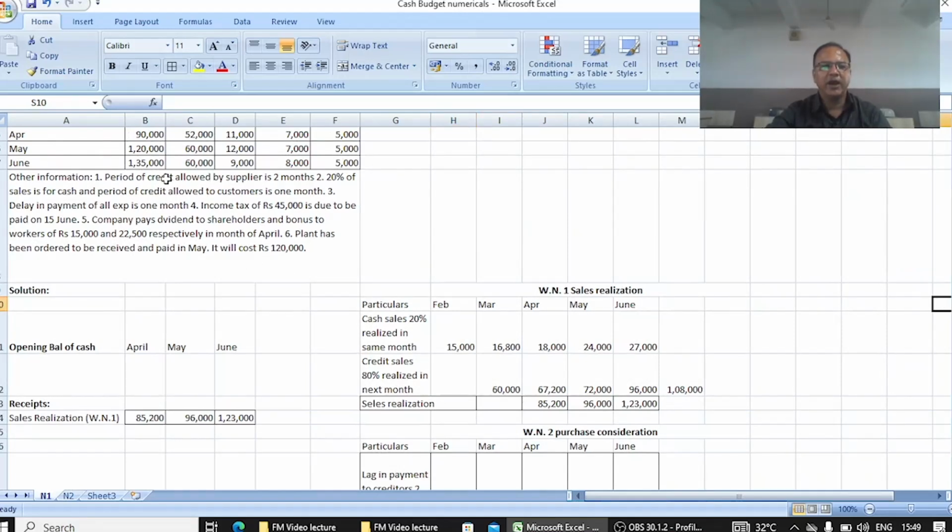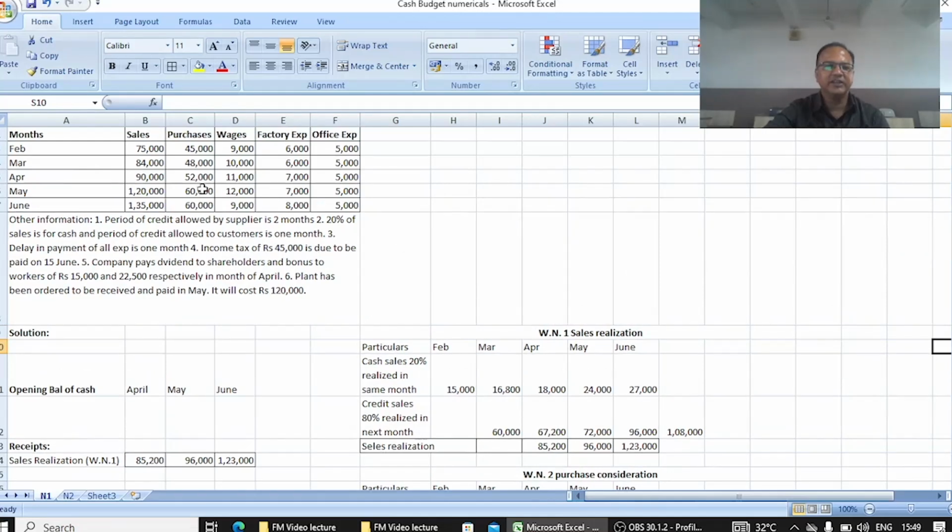That's why I'm writing the amount of actual payment. I'm not writing the amount of transaction of purchase. The transaction of purchase was 52, 60 and 60.